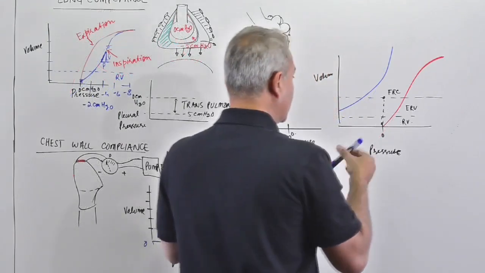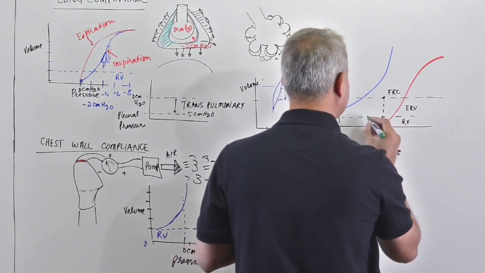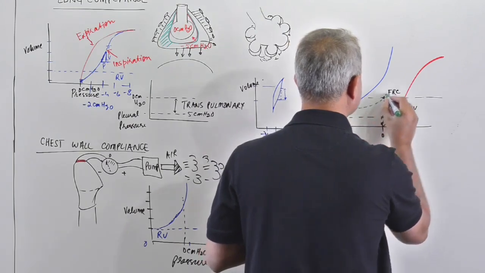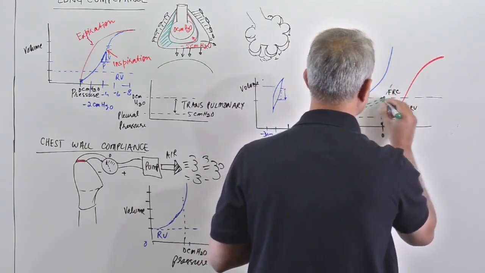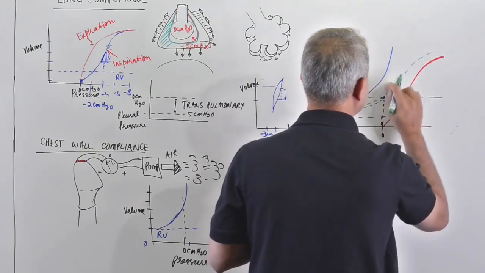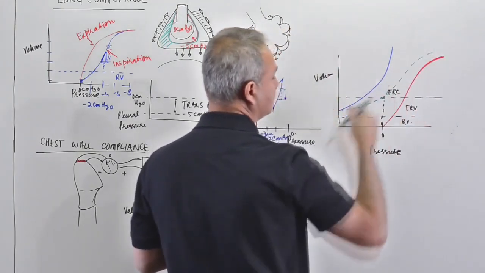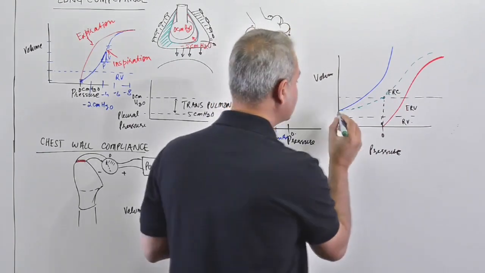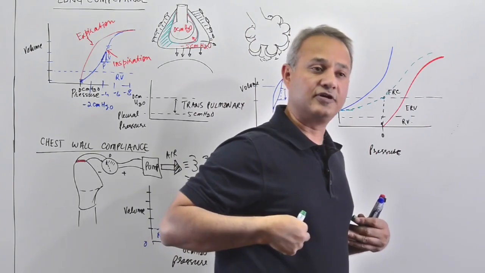Now, what is the lungs behavior here? So let me make that diagram over here. So this is the combined chart. What are the properties of this combined graph? Number one, it starts from the minimum volume that chest can offer.